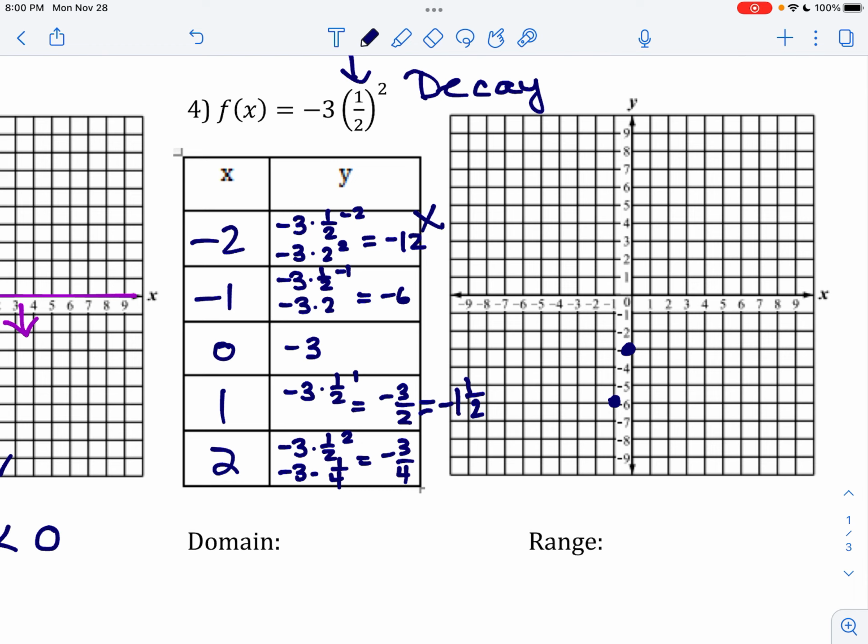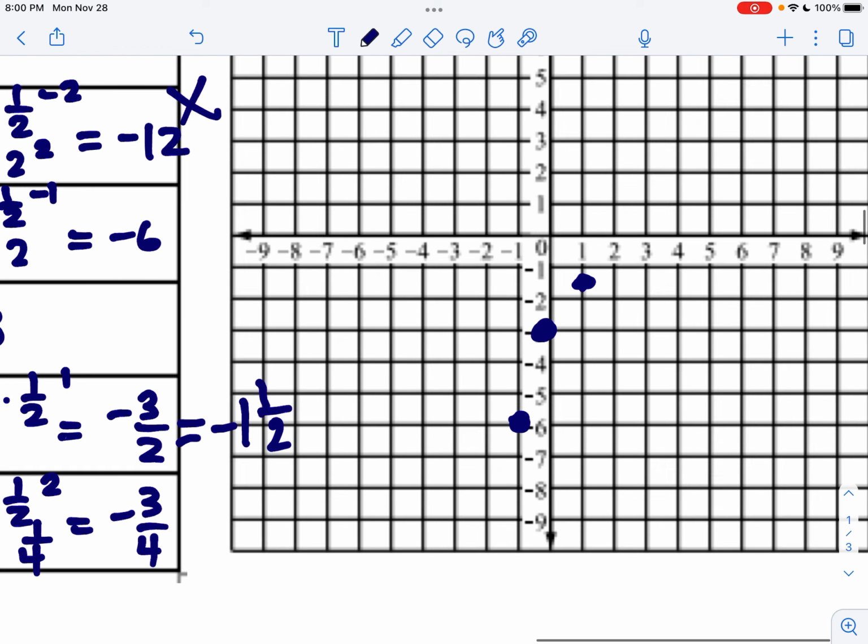Sometimes you might have to put it in your calculator and get a decimal so you know where to graph it. So 1 and -1.5 is about right here. Oops, didn't graph it. All right, and then 2 and -3/4, which is going to be a little less than 1.